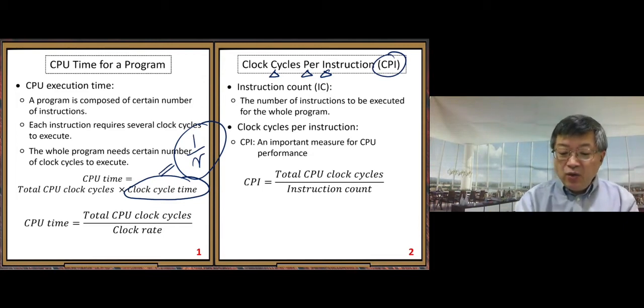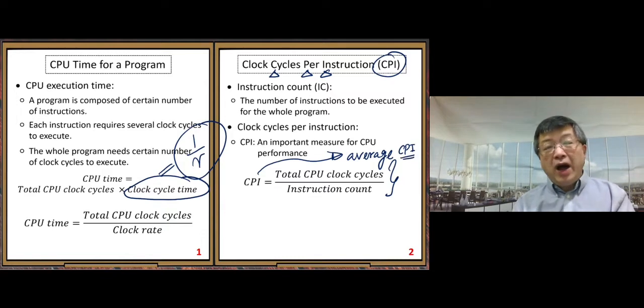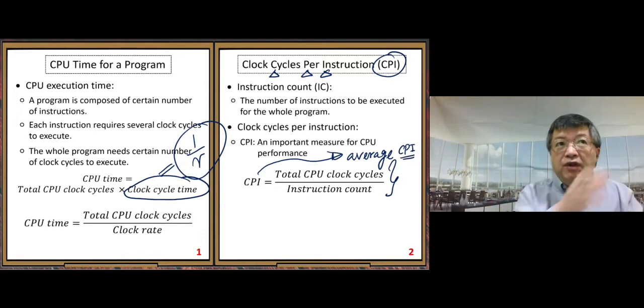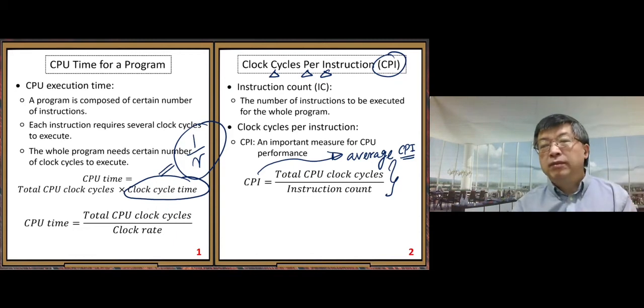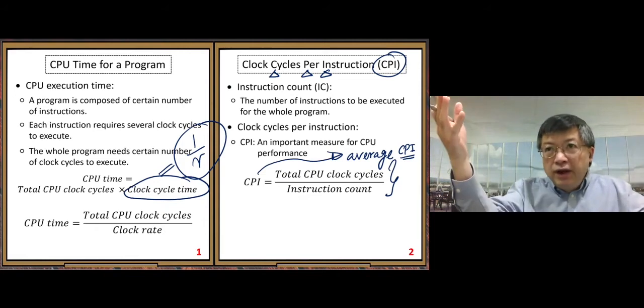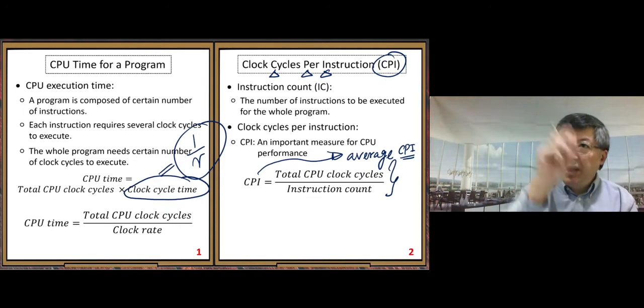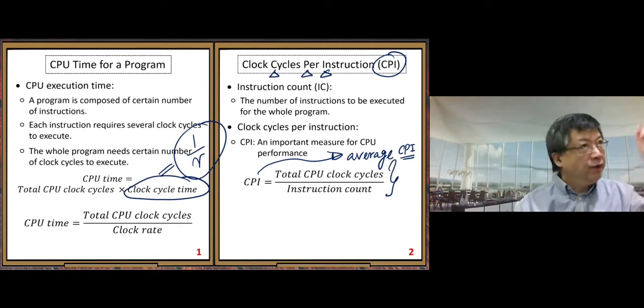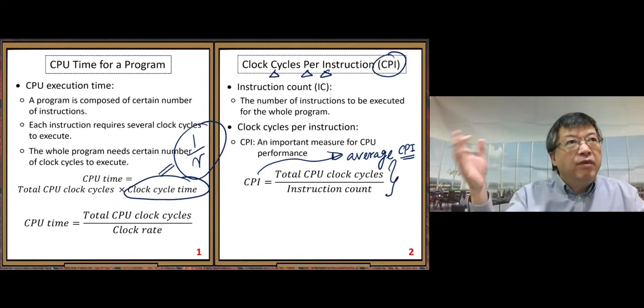Here you can see that when you use this formula, your CPI is basically the average CPI. Why do I call it average? Remember, for different operations, the CPI could be different. Your program contains different types of operations: addition, multiplication, division, load operation, store operation, right? Many different operations.